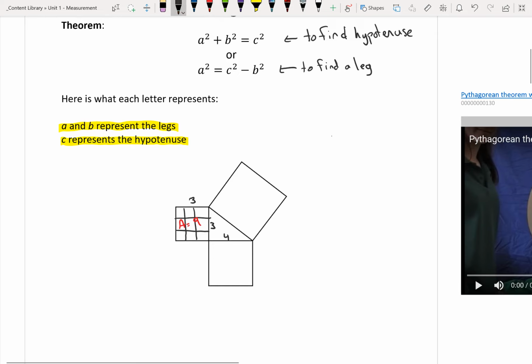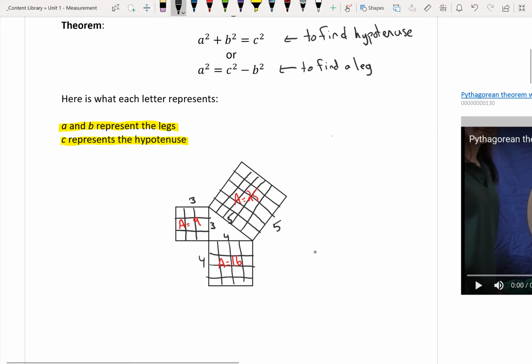If I were to do the same thing on the bottom, 4 by 4, I would end up having an area of 16, which would give me a square that has an area of 25. And if I were to look at this, it would end up being a 5 by 5 square.